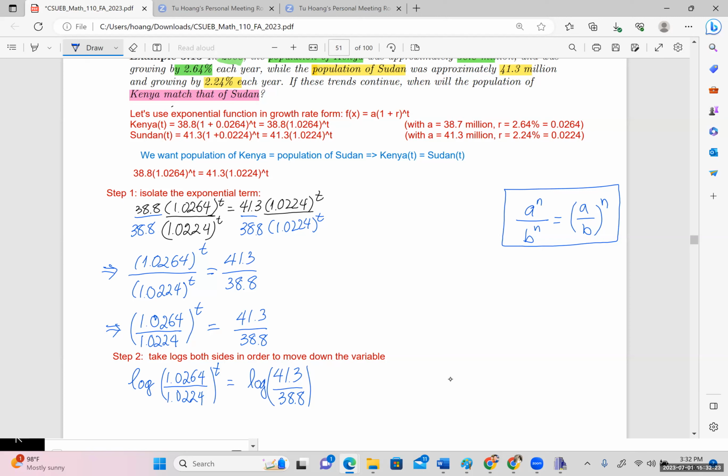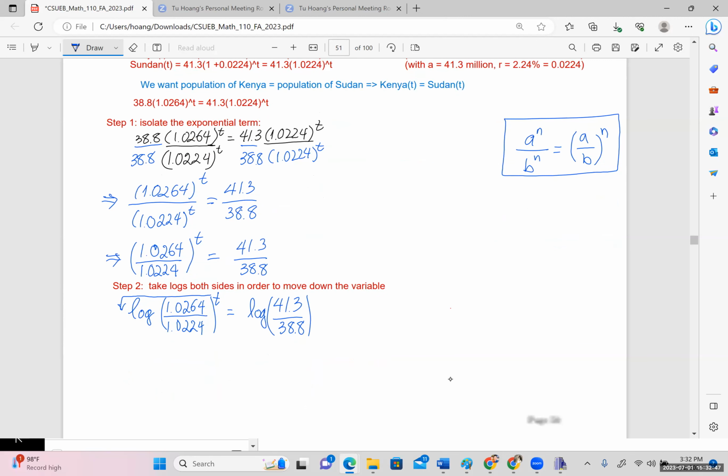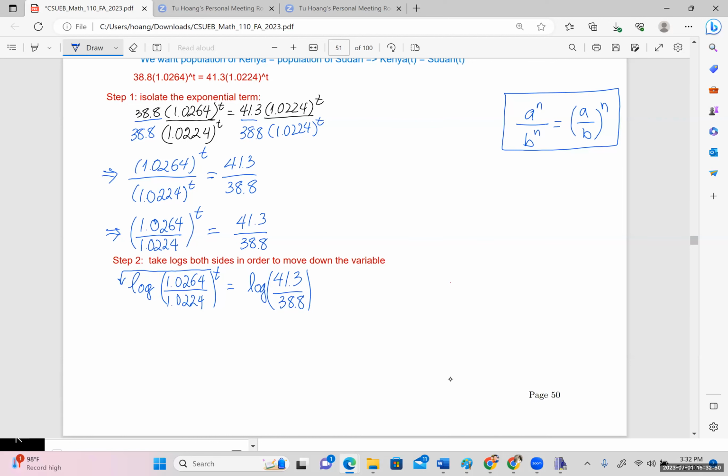Yes, you can do that. That's going to be okay too, that's also a log. So you can apply the exponent property of log to move down the power t from the exponent down to the front of the log.